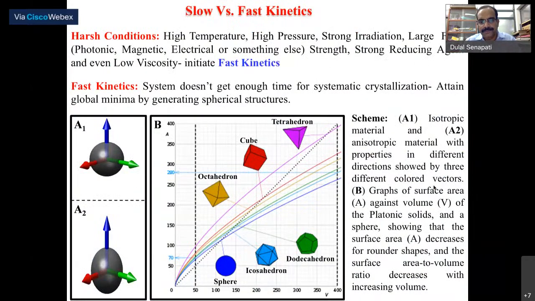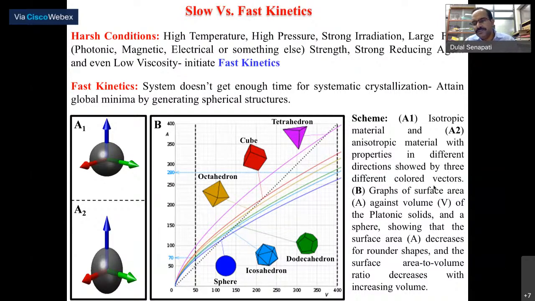Now you'll see that most of the time when you are using harsh conditions like high temperature, if you want to reduce something by boiling, or high pressure, strong irradiation, large fields, which can be electrical, magnetic, or photonic, or a strong reducing agent, and low viscosity.